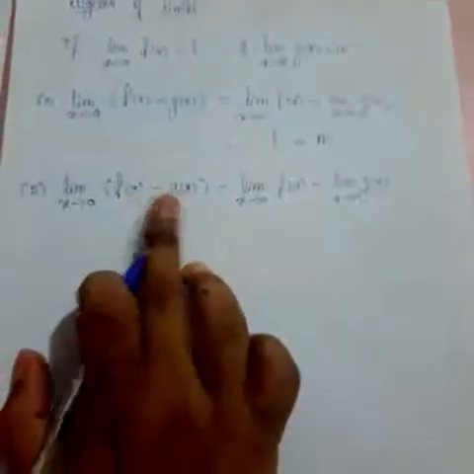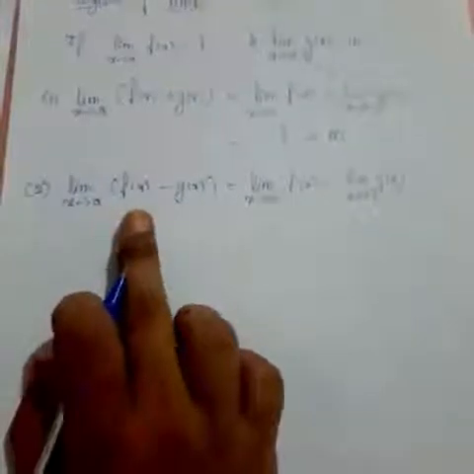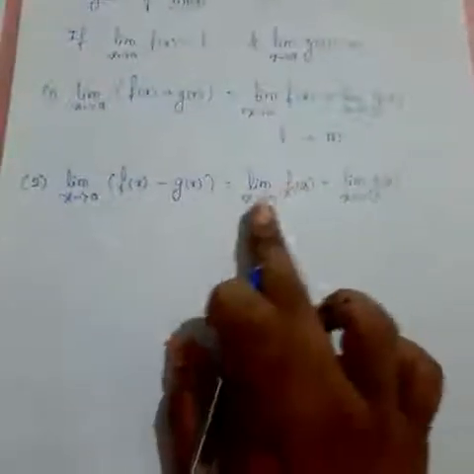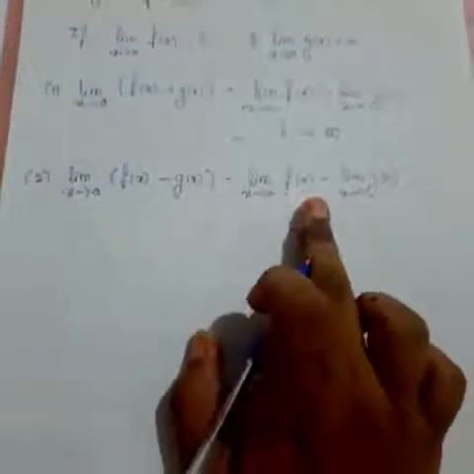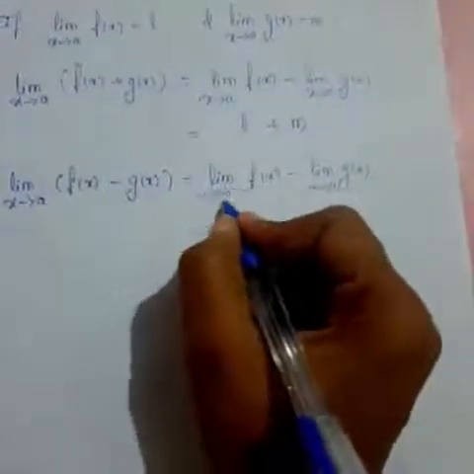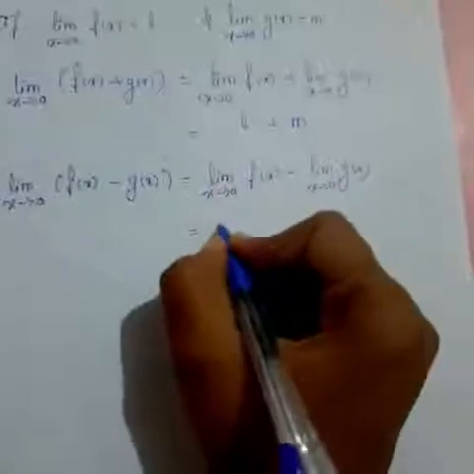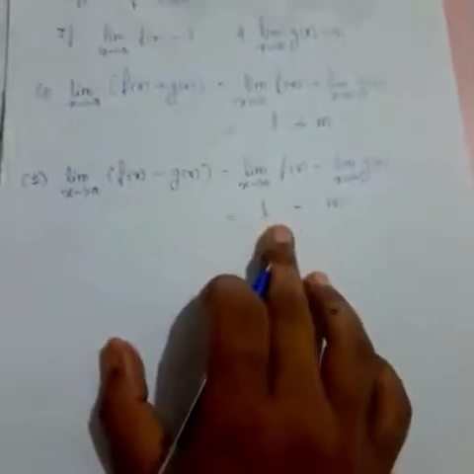Same as addition, if you need to subtract two functions and find the limit, just separate them. The limit of f of x is L and of g of x is m. Your answer is directly L minus m.